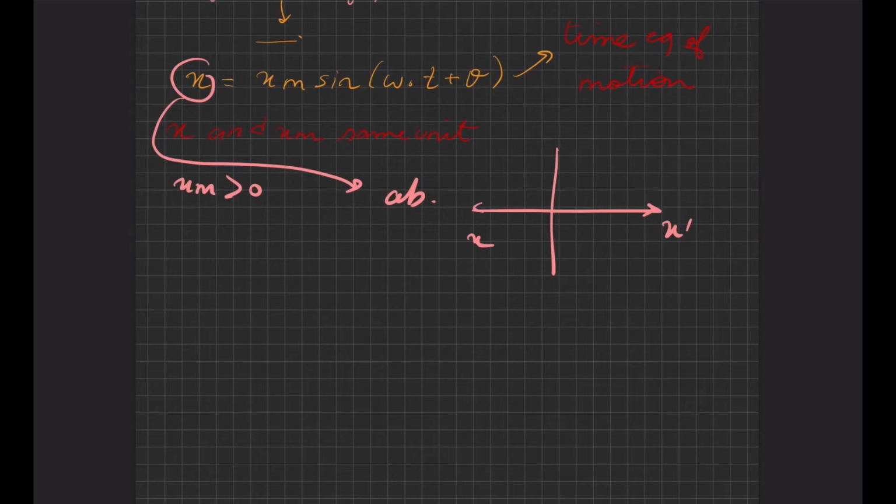Okay, so in our conditions, theta equals pi over 2 because we started at xm, not at x equals 0. Okay, and as we saw earlier, xm is the amplitude of the oscillations.